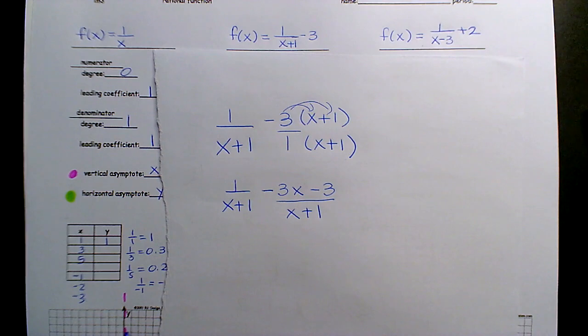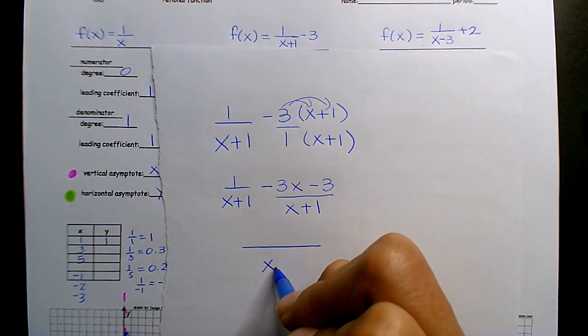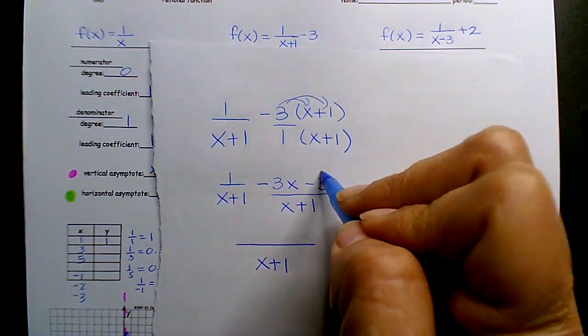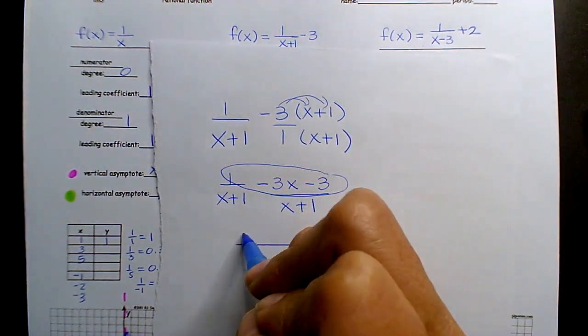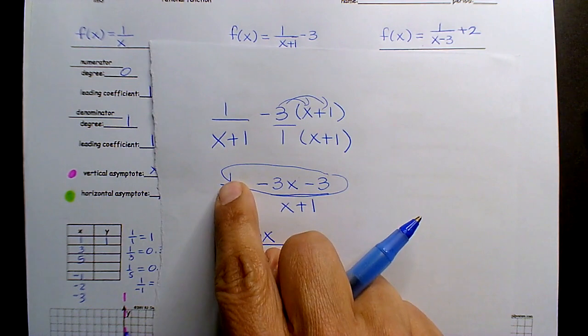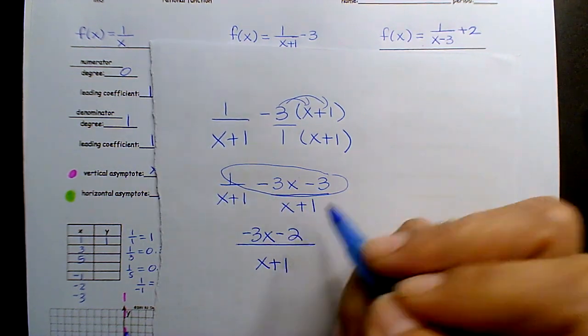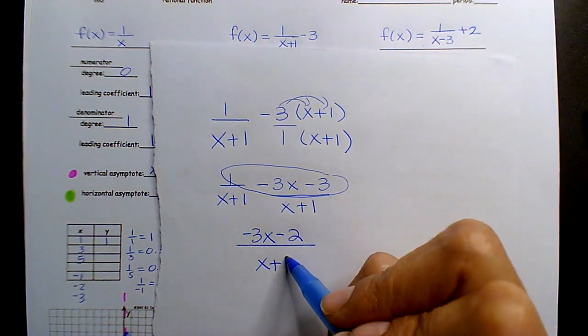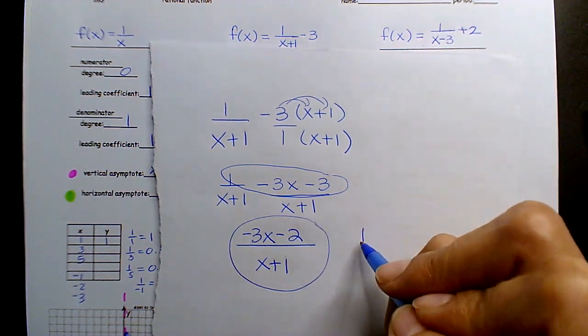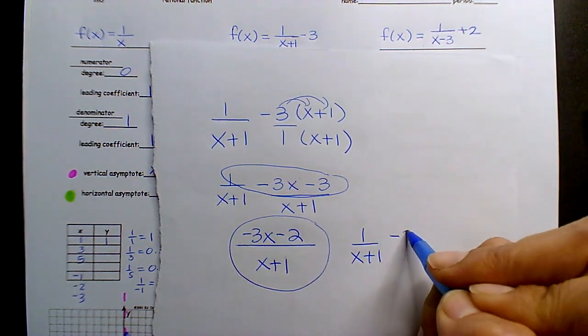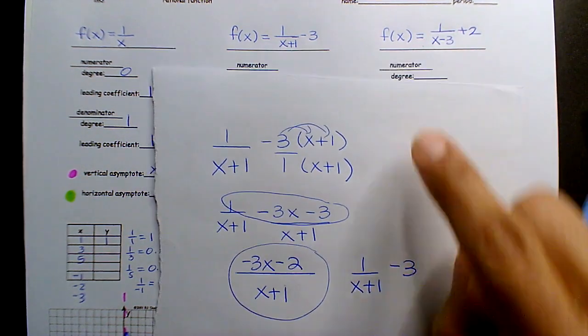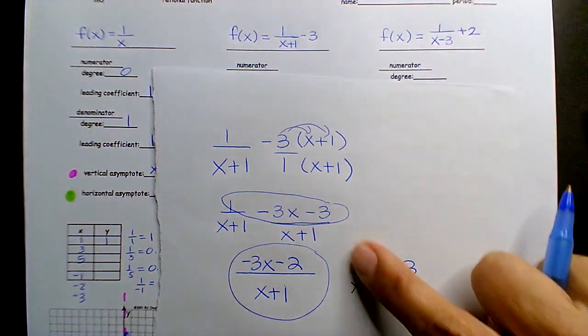Remember that? So I get x plus 1, and now what's my numerator? Minus 3x, and then 1 minus 3 is negative 2. So this is equivalent to this, which is given right there. These two are equivalent.